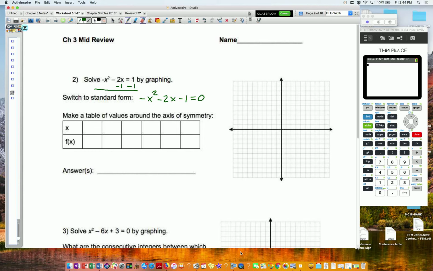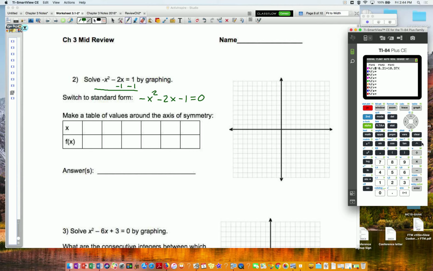So I'm going to use my graphing calculator to help me graph this. So I'll plug into my y equals negative x squared minus 2x minus 1. Go ahead and hit graph. So I can see that this one here, it looks like it's just touching the x-axis at negative 1.